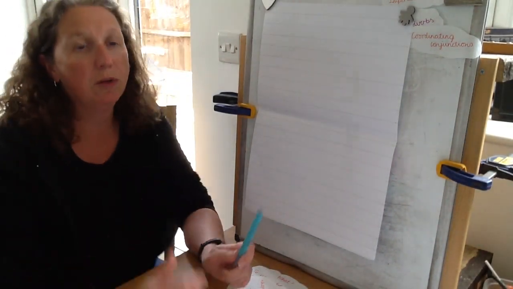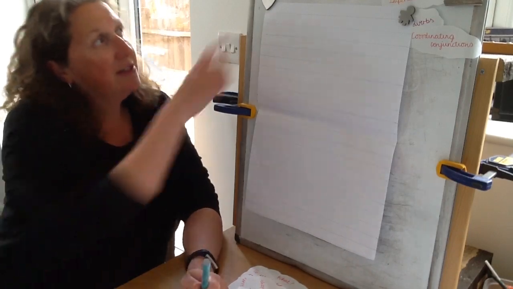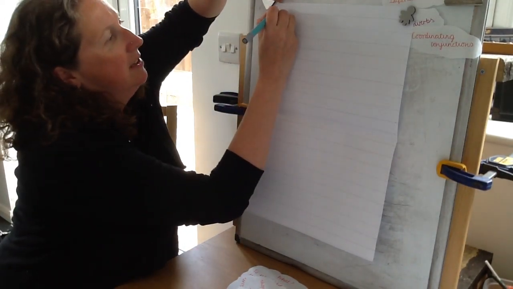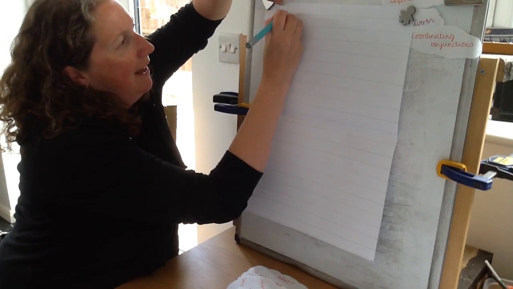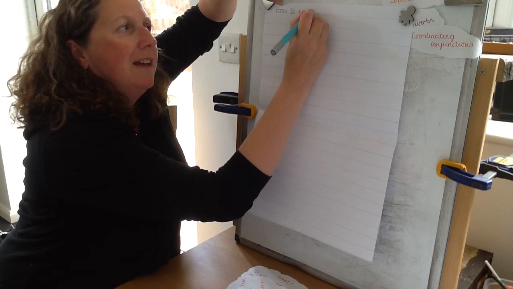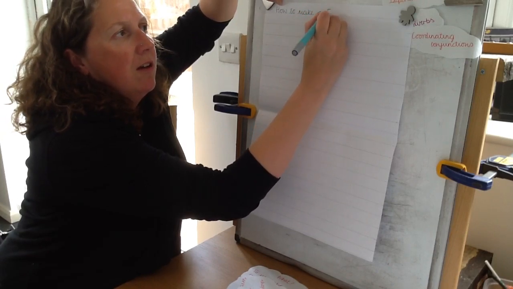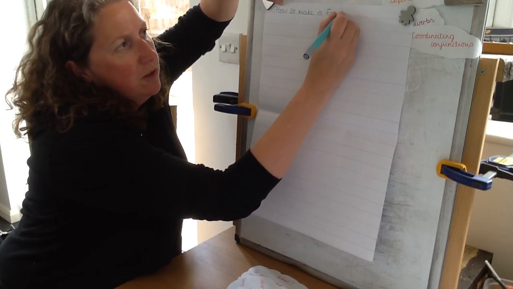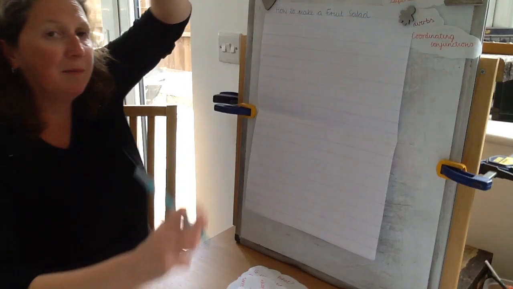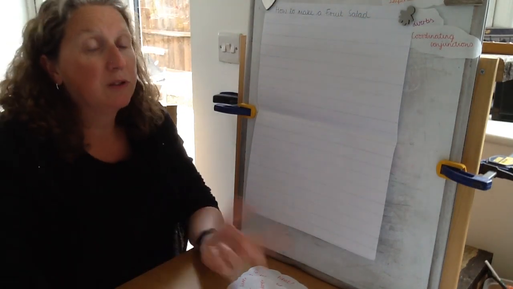Okay, so what we're going to do now is think about the first one, so the title. So my title is going to be How to Make a Fruit Salad. Your title might be different, because you've made something else.